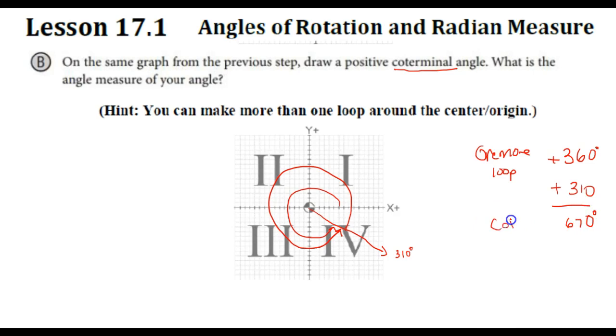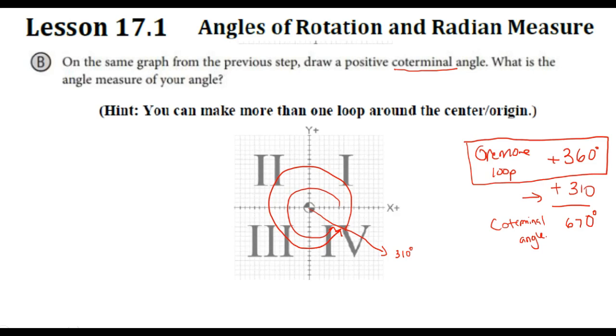So that could be our coterminal angle. Just by adding 360 to our original angle, we could figure out a coterminal angle.